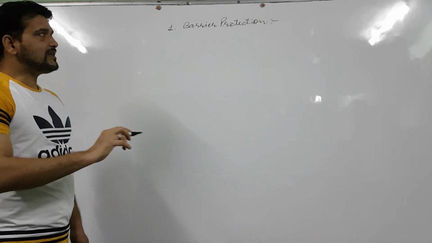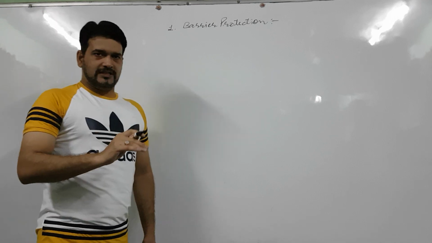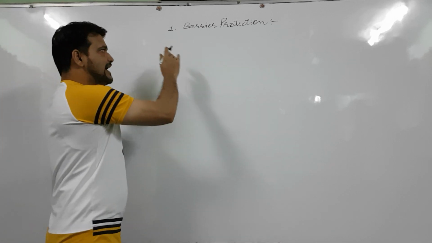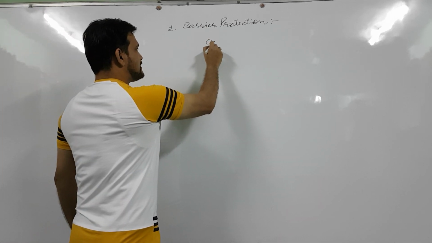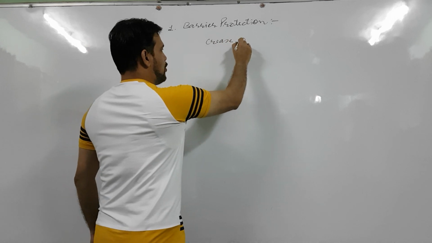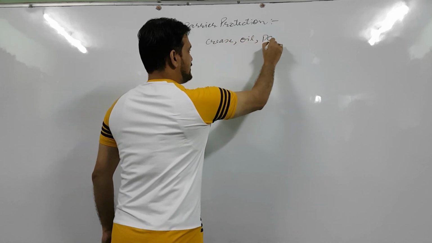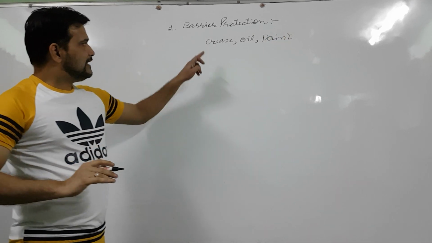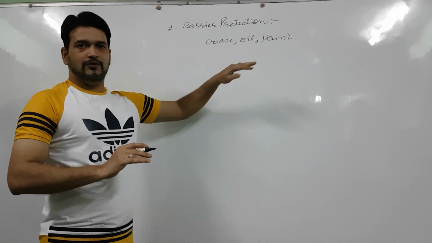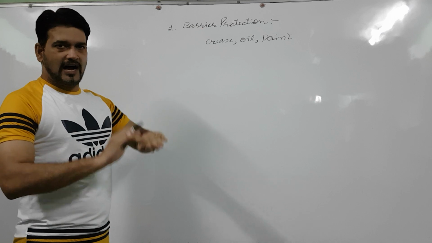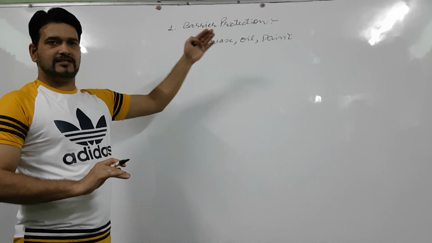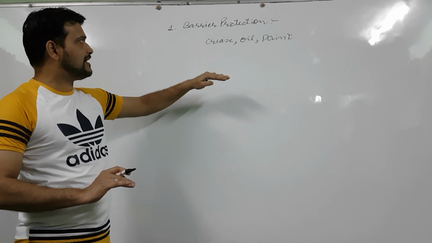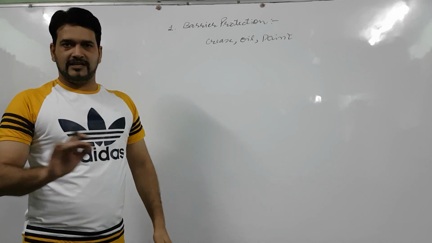For example, in rainy days, if we want that our object should not be in contact with water, then we can apply grease or oil or any paint over the surface of the iron object. These layers will act as a barrier between the iron object and the atmospheric conditions like water, carbon dioxide, oxygen, H positive ions, etc.